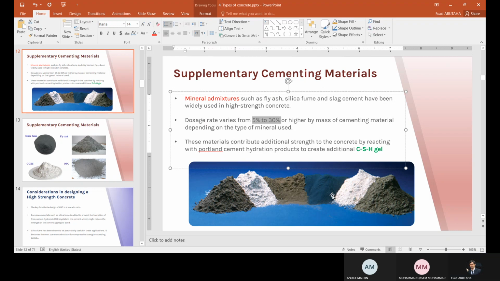I cannot replace the cement with more than 20% of silica fume. And yes, increasing the cement replacement will increase the strength of the concrete, but at some point it will start decreasing.